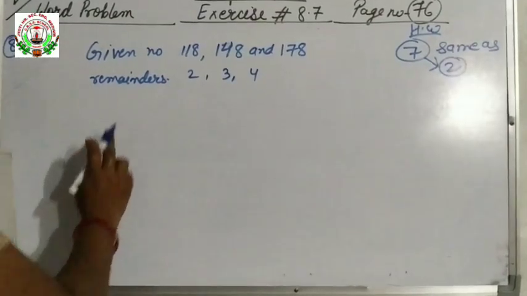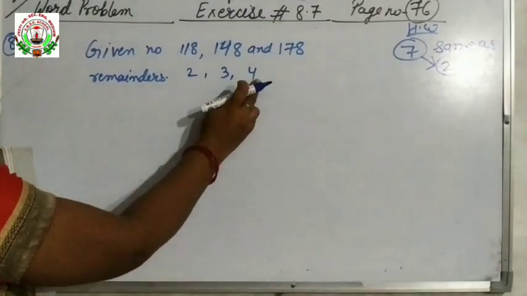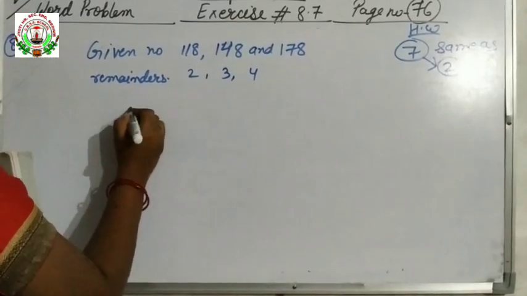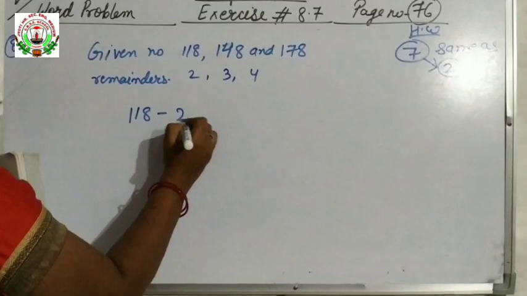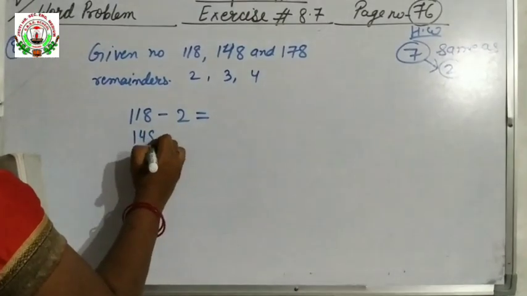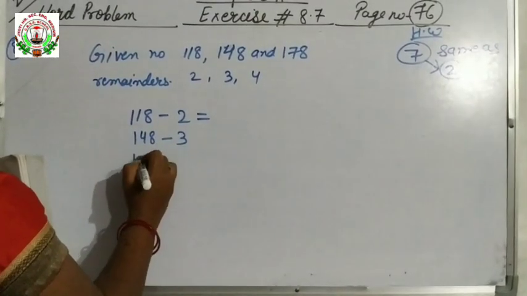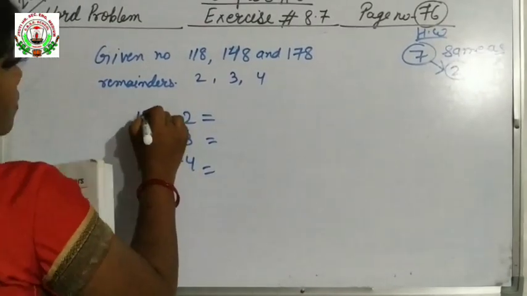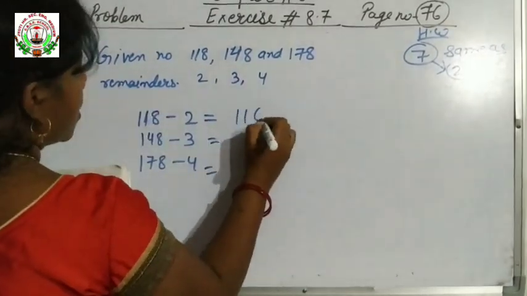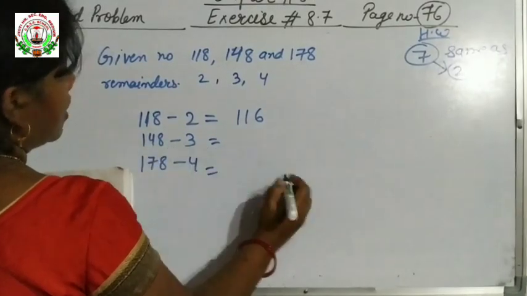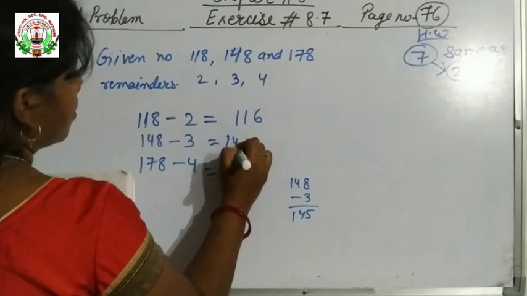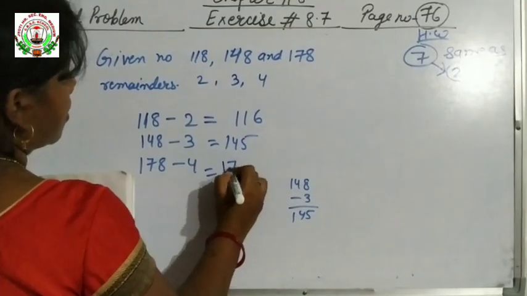So what we will do? First we will subtract these remainders from the given number. So first 118 minus 2, then 148 minus 3 and 178 minus 4. When we will subtract 118 minus 2, we will get 116, and here 148 minus 3, 145, then 174.